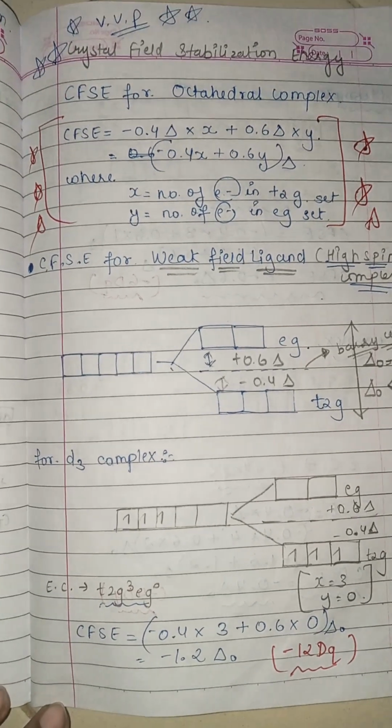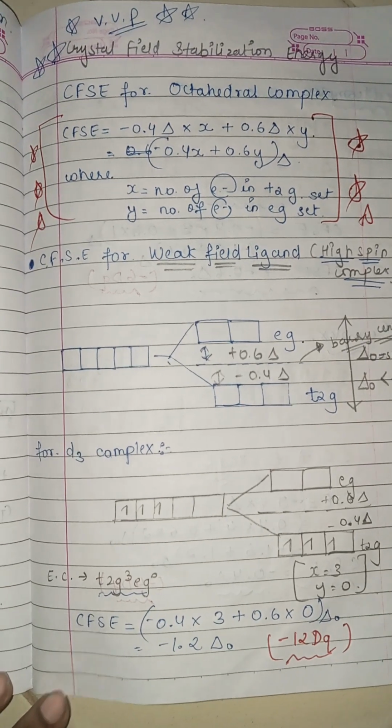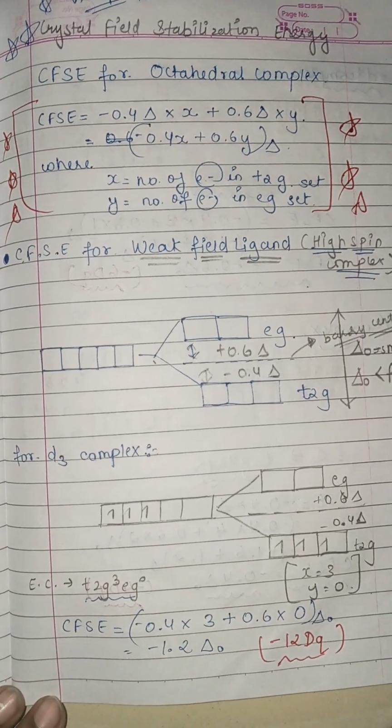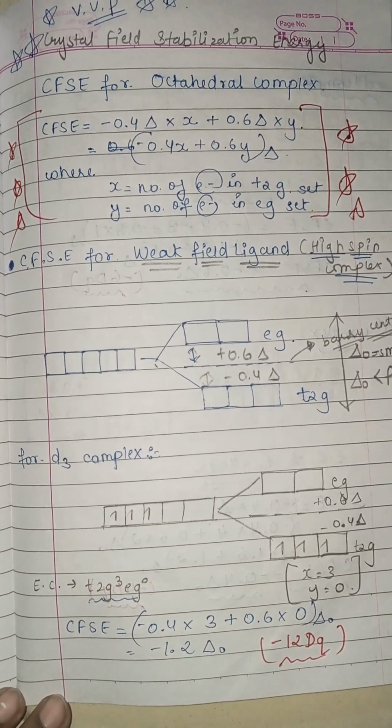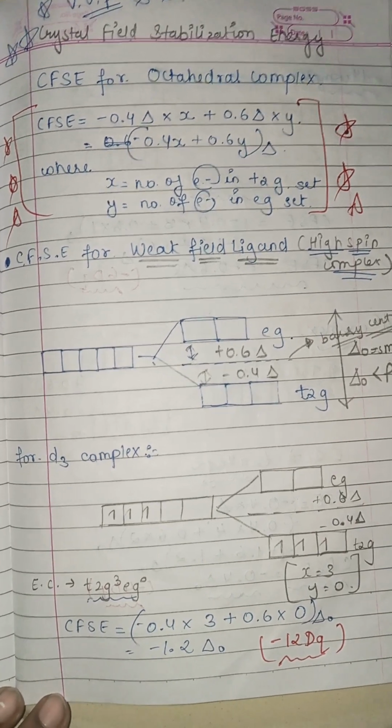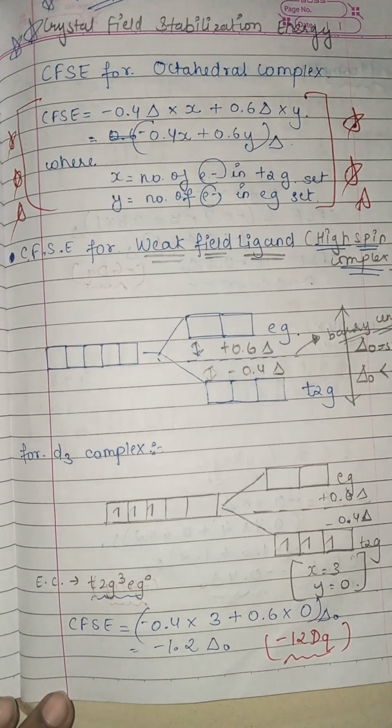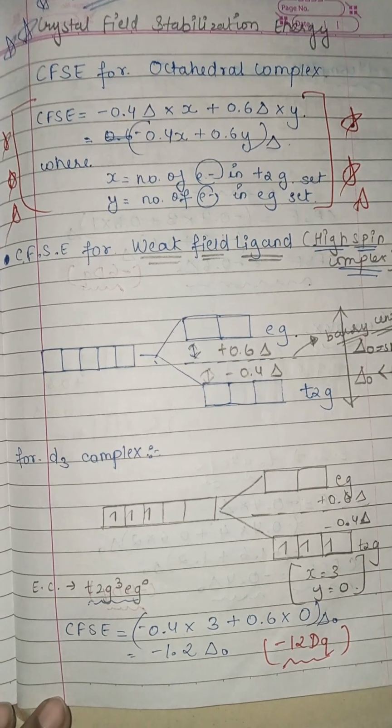So for the d3 complex, we know 3 electrons are there in the d orbitals. Those 3 electrons will occupy the T2g orbitals, and the electronic configuration is T2g3 Eg0.